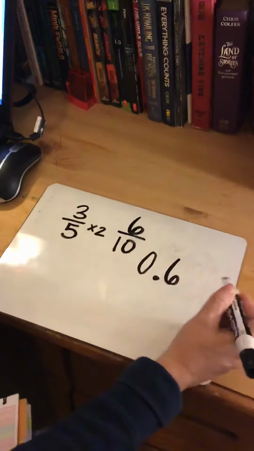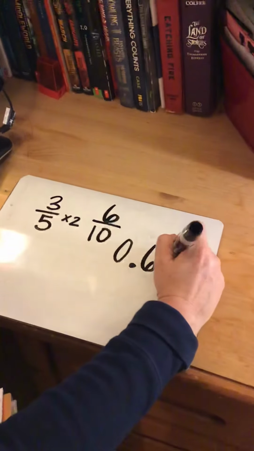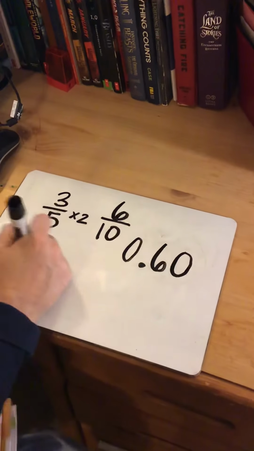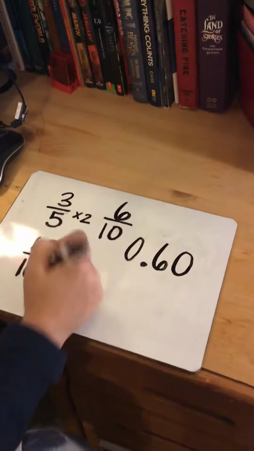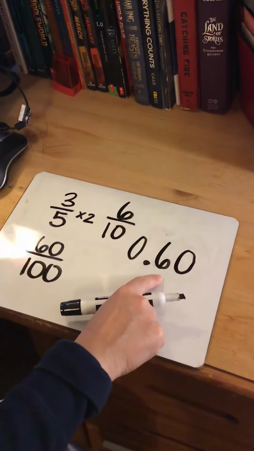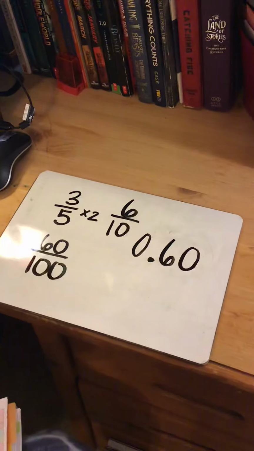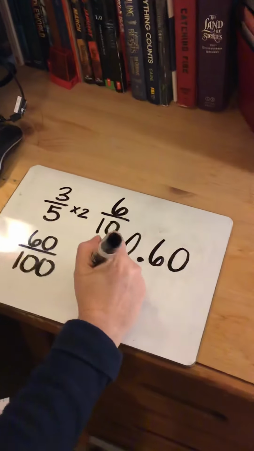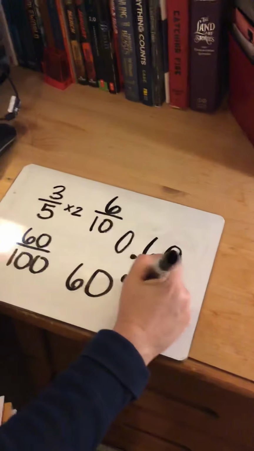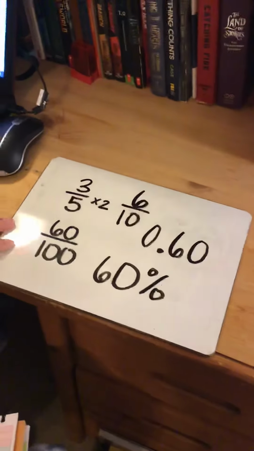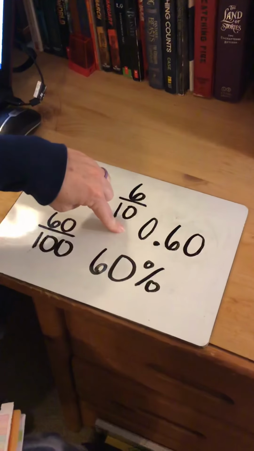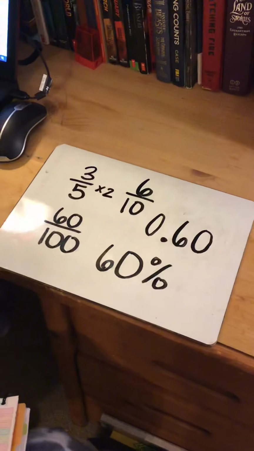So 6 tenths is the same thing as 60 hundredths. 60 hundredths looks like this or like that. And a percentage is just how many out of 100. So 60 out of 100 would be 60%. So here you have the fraction, you have the decimal, and you have the percent.